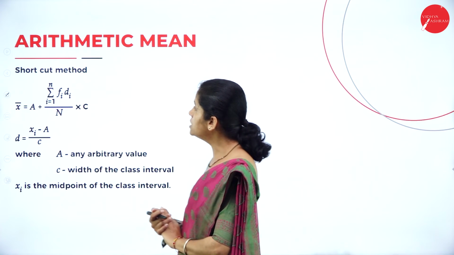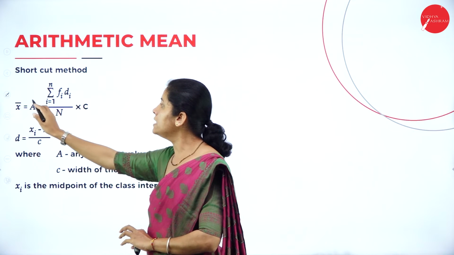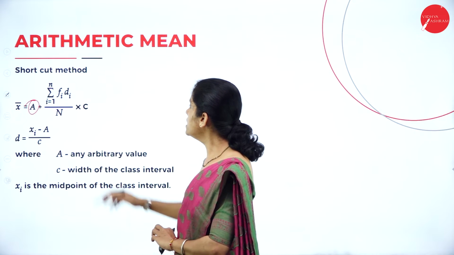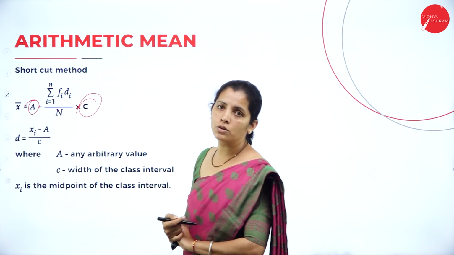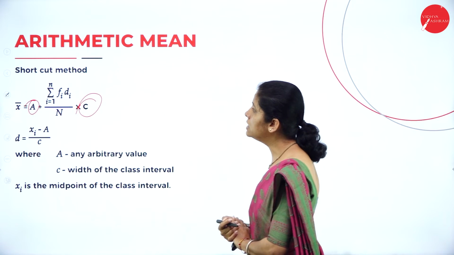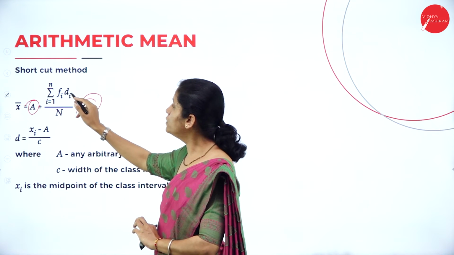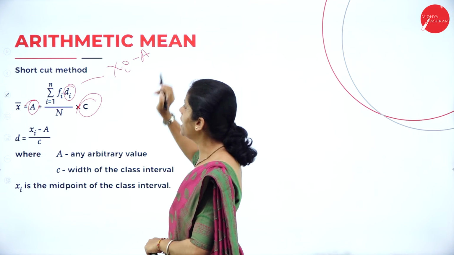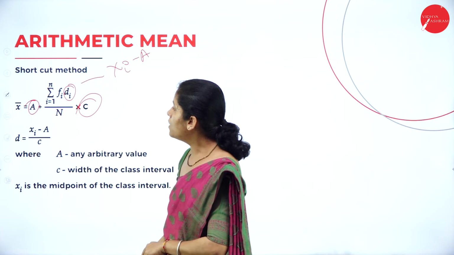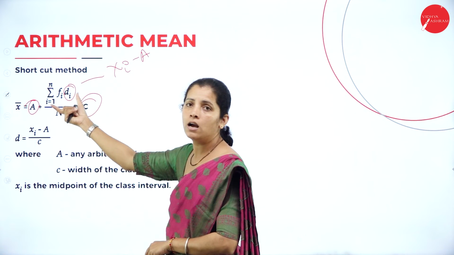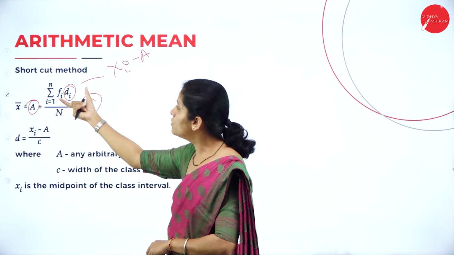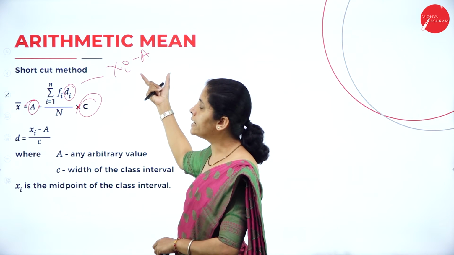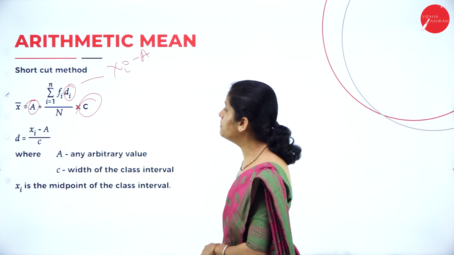And if I consider the shortcut method, a is the assumed mean and c is the width of the class interval, and fi into di, where di is xi minus a. This is the formula used to find the mean of continuous group data using the shortcut method.